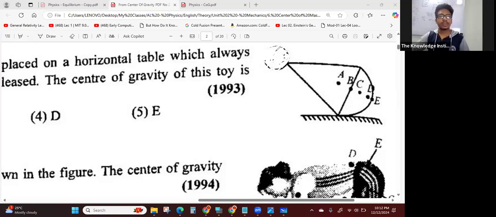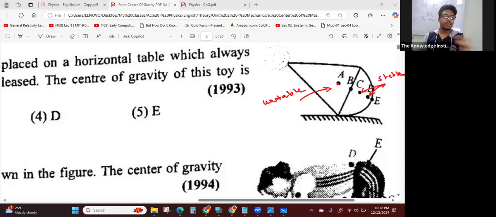Now, for example, let's say the object has some mass distribution, and its center of gravity is, let me explain, hold on. Suppose its center of gravity is somewhere at A. It is unstable. If it's a point like A, it's unstable; C and D are stable. Stable because it again comes back to the original question.